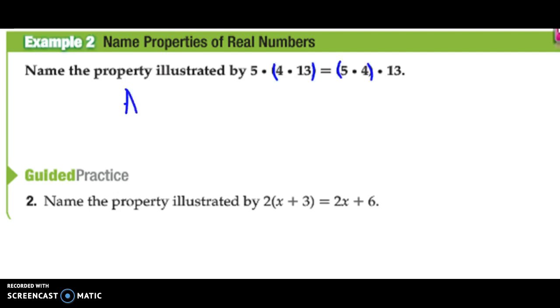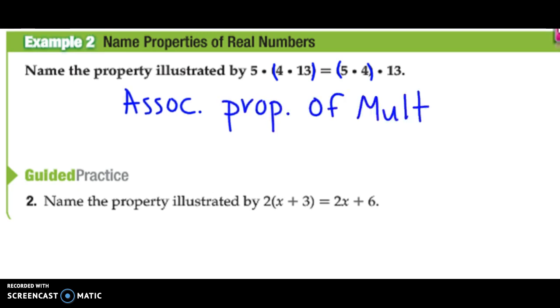Well, that was the associative property, and you can abbreviate the way that I did. The associative property of multiplication says that if I change my grouping, it's still the same thing. Down below, guided practice problem. You try that one right now.